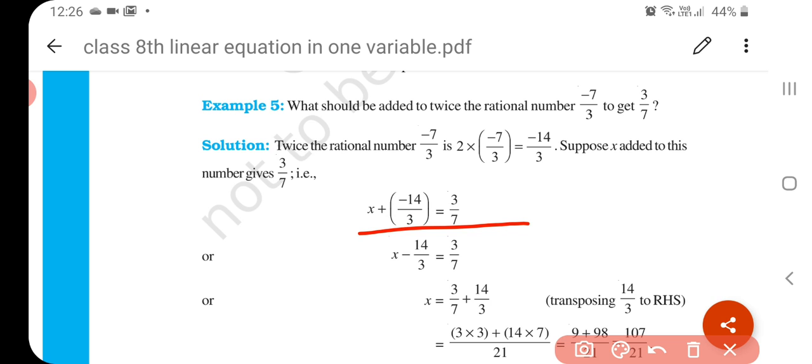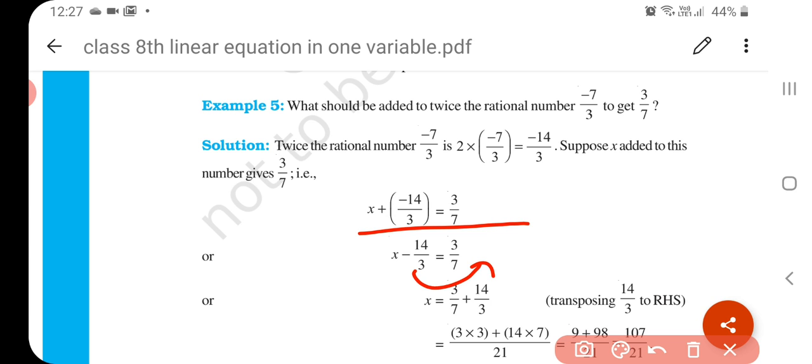Now here plus into minus is minus, so our equation becomes x minus 14 by 3 is equal to 3 by 7. So we have to transpose this 14 by 3. Here it is with a minus sign. When we transpose it to the right hand side, it becomes plus. Okay, so our answer is 3 by 7 plus 14 by 3.